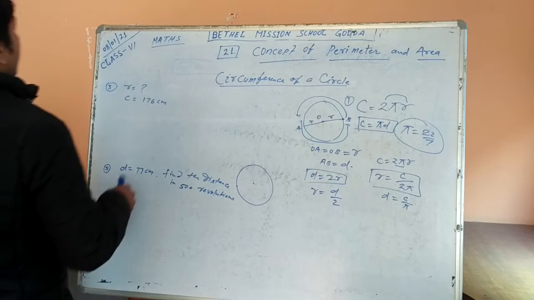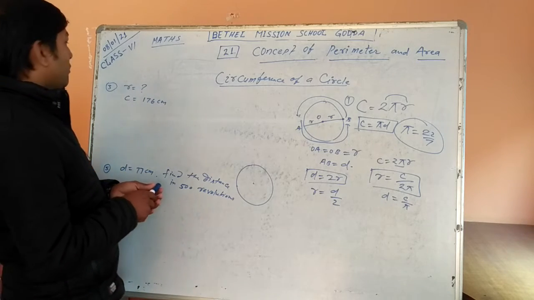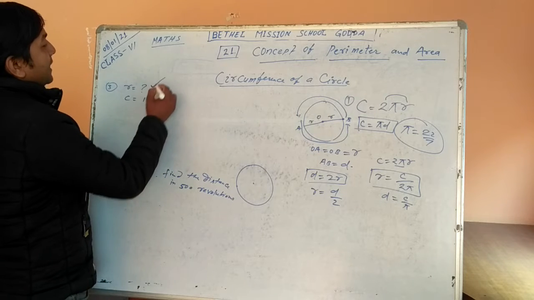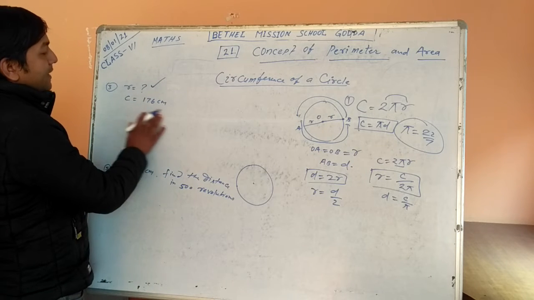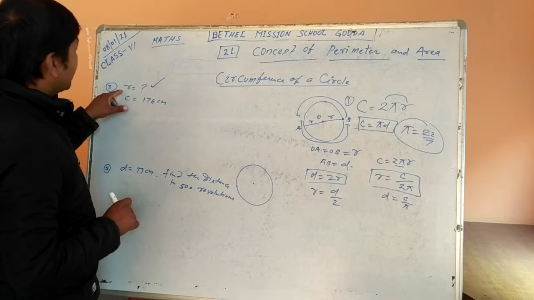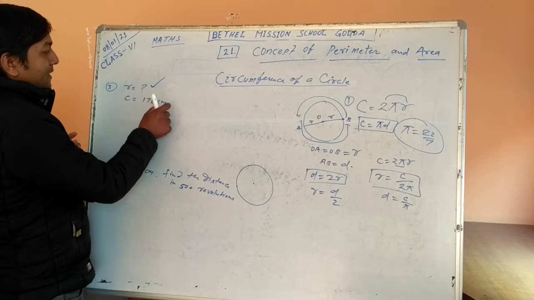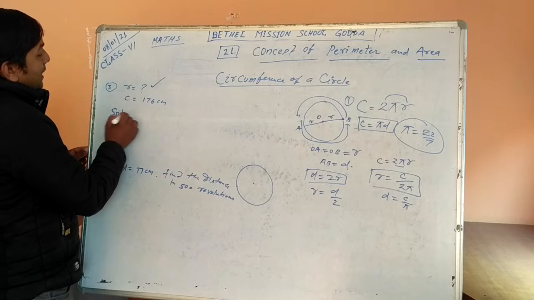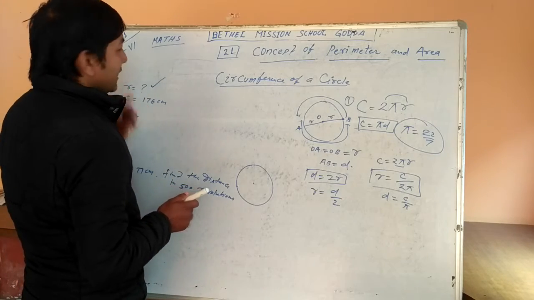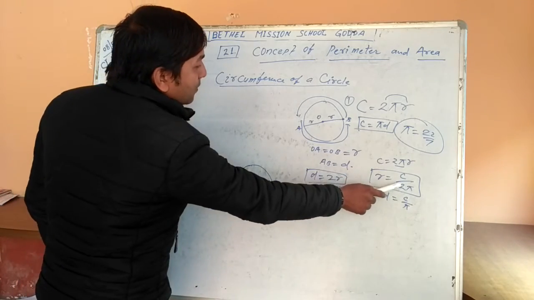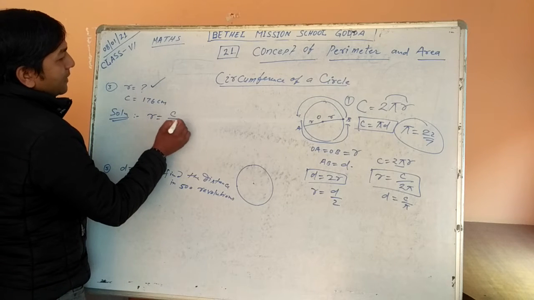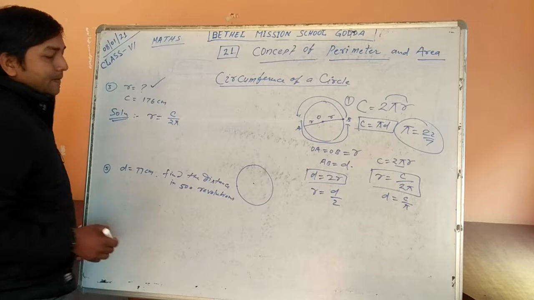Now, I have taken third number question from your book, that find the radius of a circle whose circumference is given, 176. Okay, you have to find the radius of the circle, circumference is given. So I just told that for the radius of the circle, we put this formula: radius equal to circumference by 2 pi.